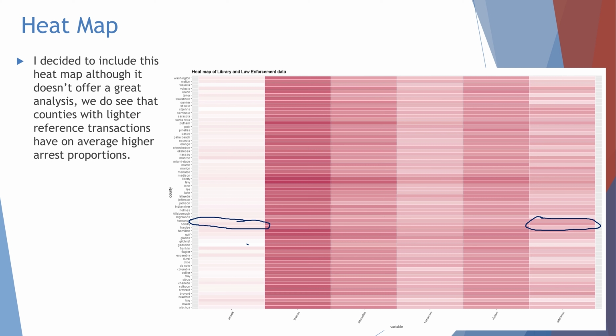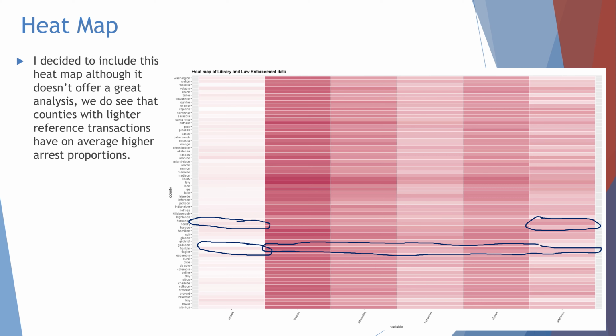And if we look here, this one has a higher amount of arrests, and if we follow it along, we get higher-ish library usage all the way across. So this points out that it doesn't always work the way we expected it to.